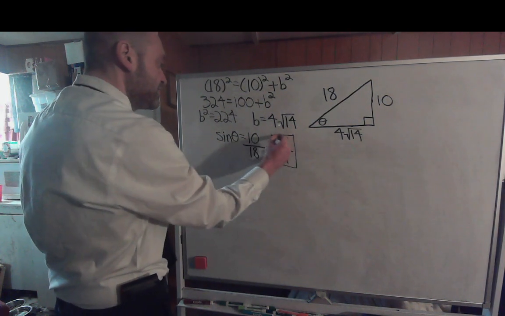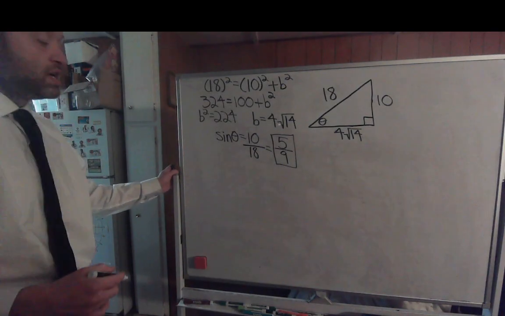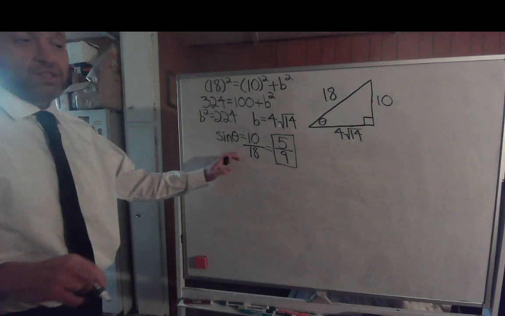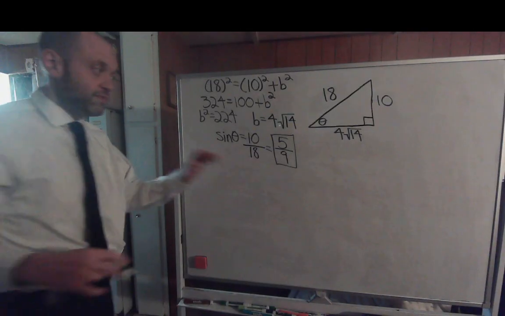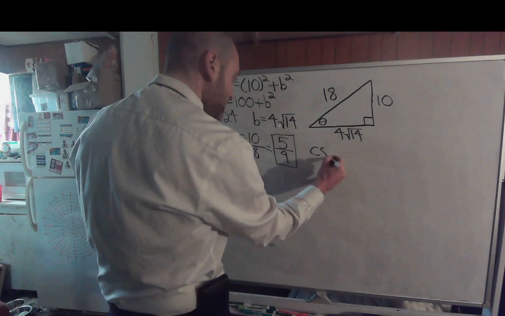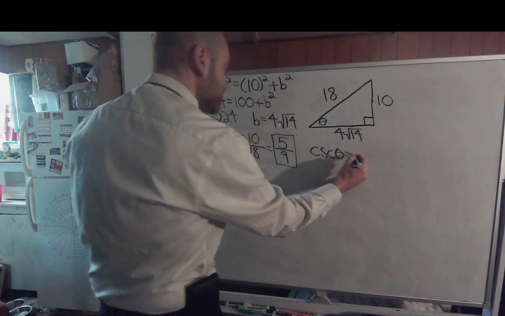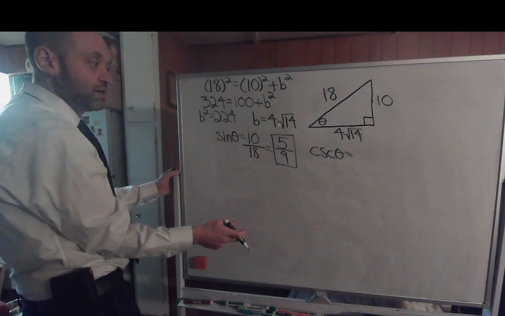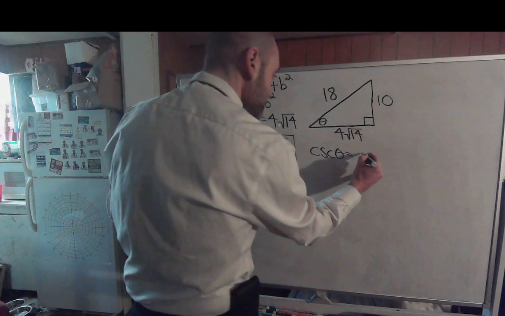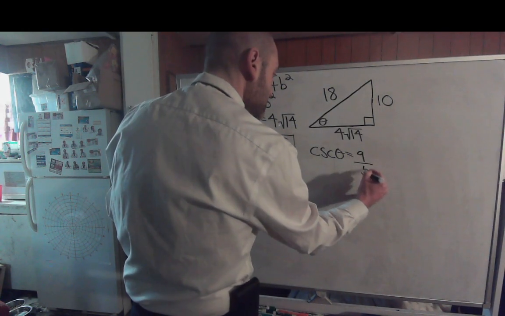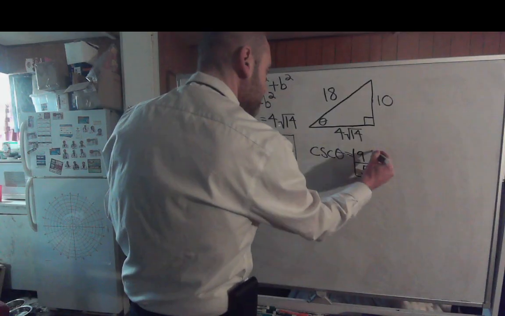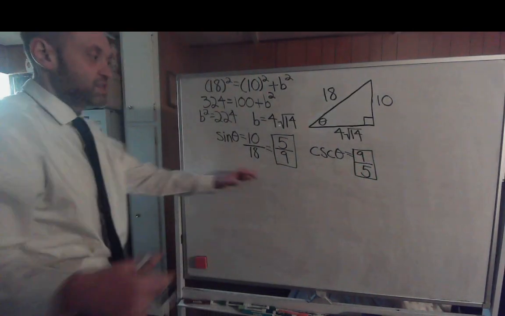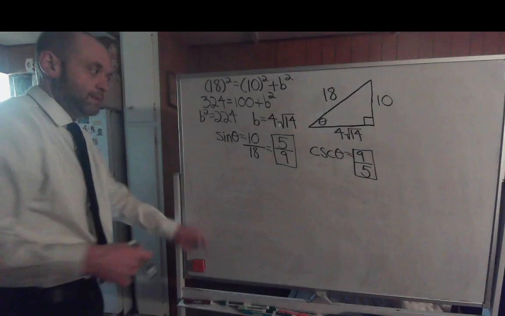So the sine of theta is 5/9, and since we know the cosecant's the reciprocal of sine, why don't we find that? The cosecant of theta equals the reciprocal of the sine of theta. The reciprocal of 5/9 is 9/5. So that's actually probably a good way to approach this, is take the reciprocal function right away.